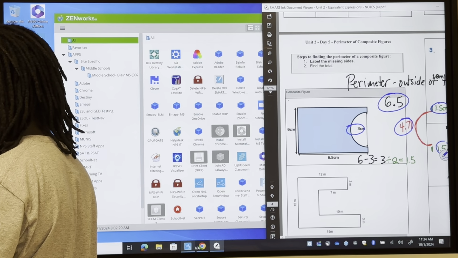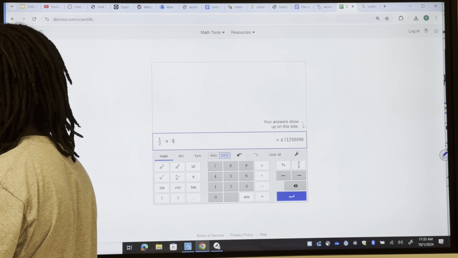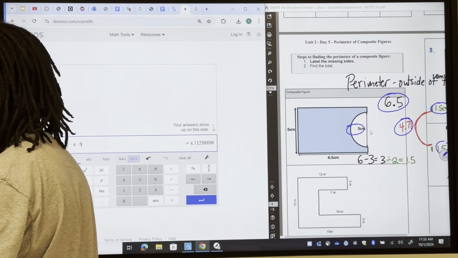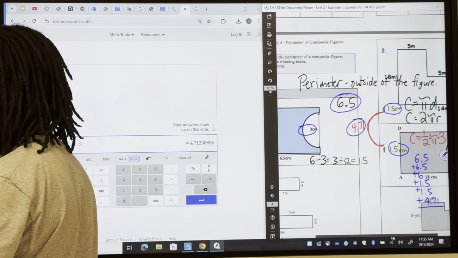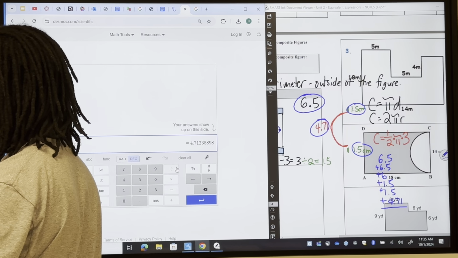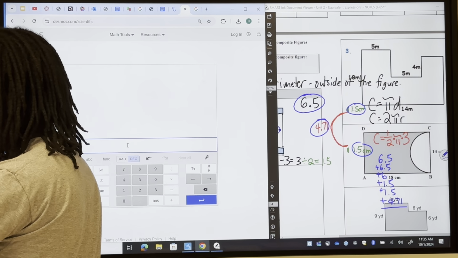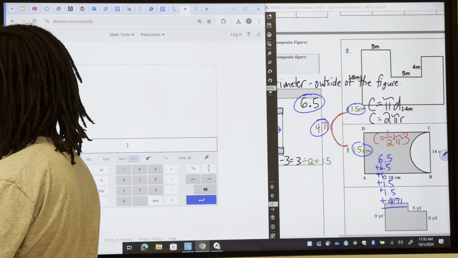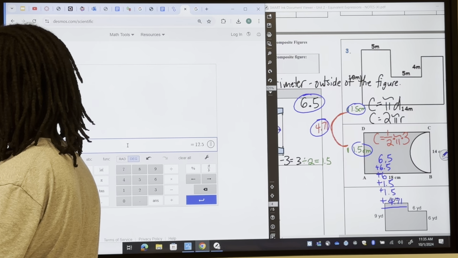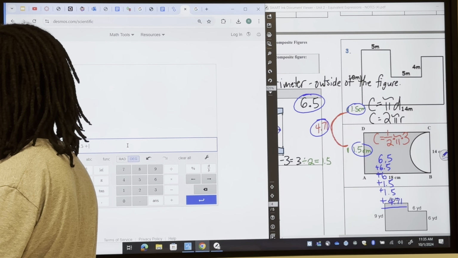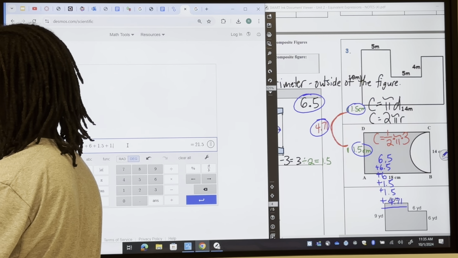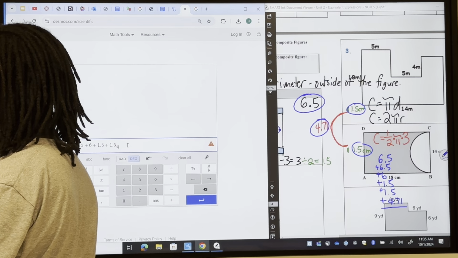Split the screen, so then I can see. All right, so again, I have 6.5 plus 6.5 plus 6 plus 1.5 plus 1.5 plus 4.71.